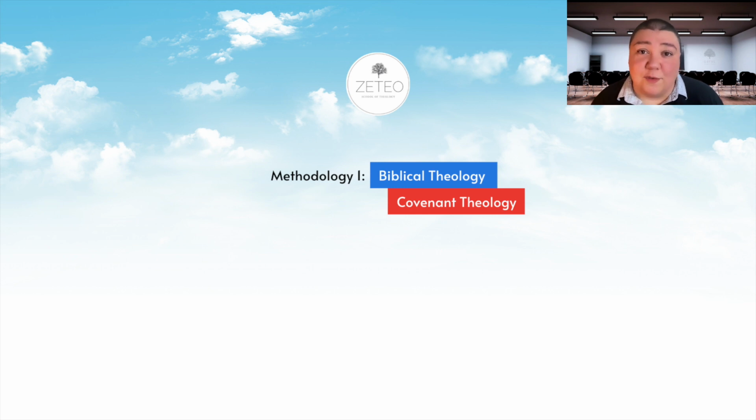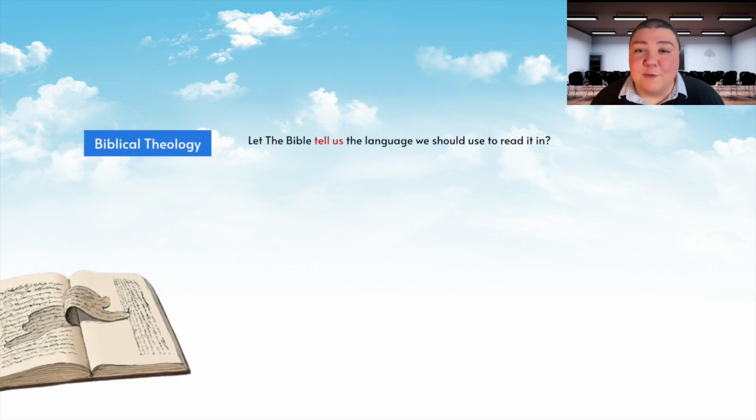But just to refresh our memories, the method of biblical theology's brilliant rule is as follows. Why don't we let the Bible tell us the language we should read it in? So instead of us using our subjective methods of understanding and purely biased opinions, let's listen to what method the Bible is suggesting we should use.